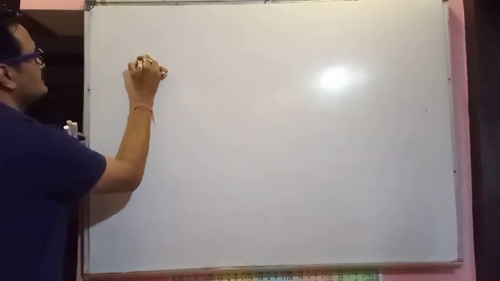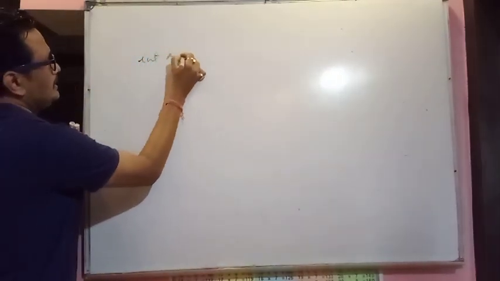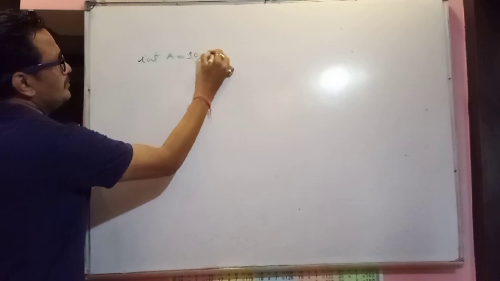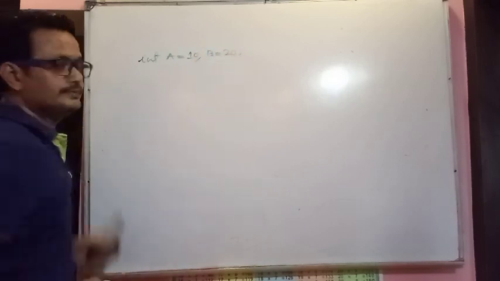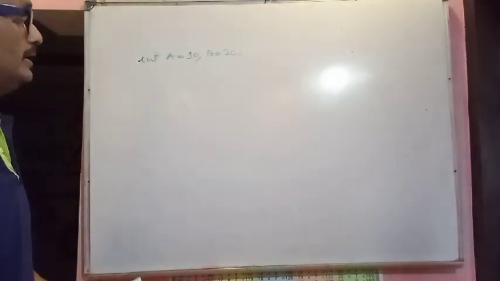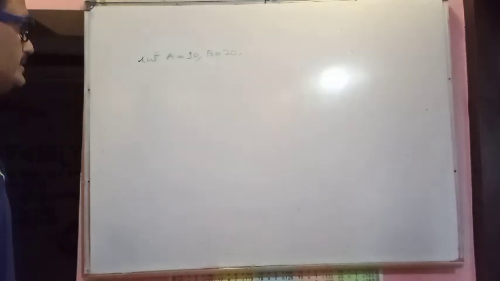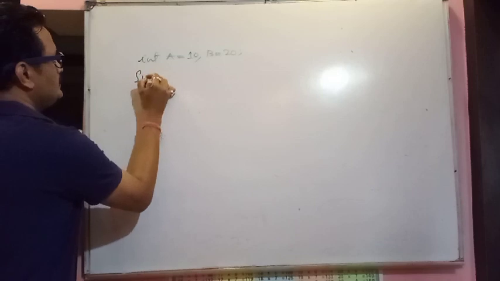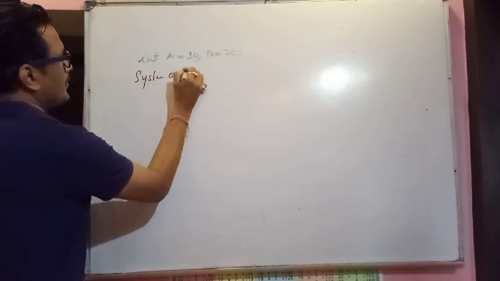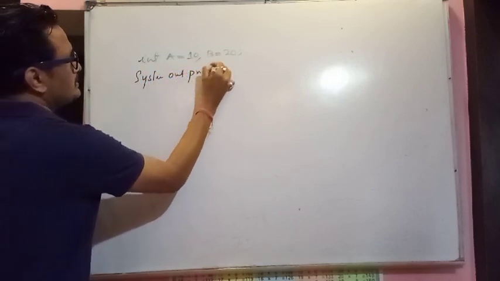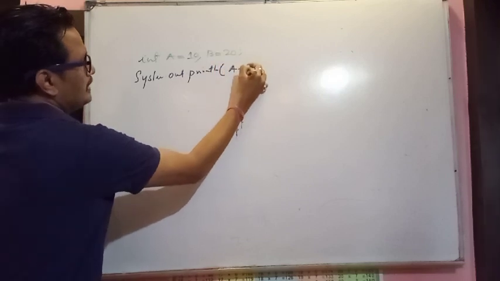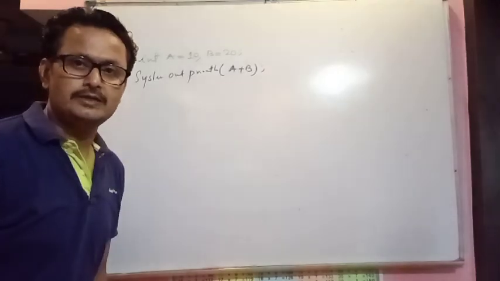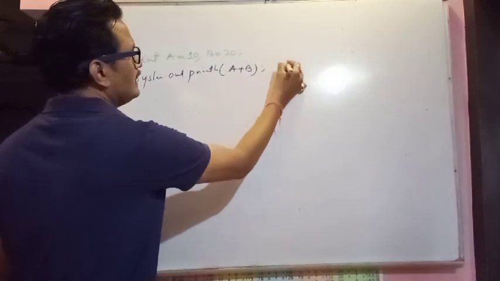Now this is the last example. int a = 10, b = 20. These are two integer type variables. Children, if you write System.out.println(a + b), it will work like a calculator. 10 plus 20, what answer will a calculator give? 30.